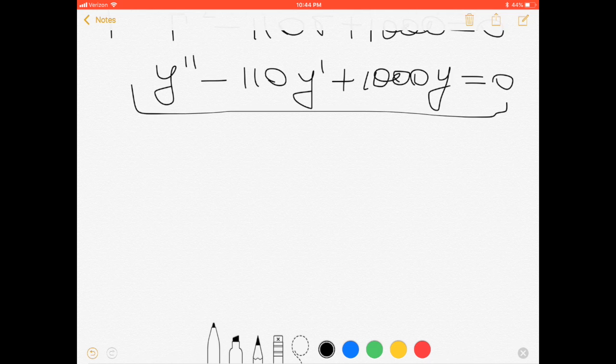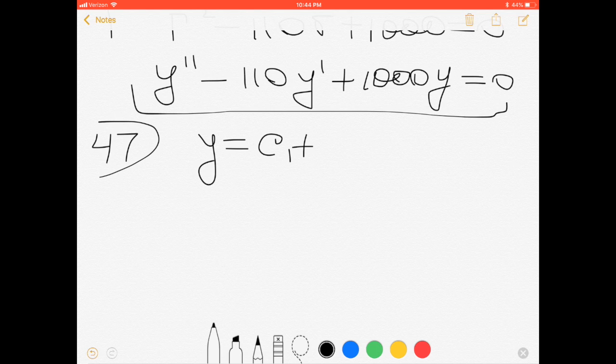And I show you number 47. Usually I show an even number, but 47 is interesting because here we have the general solution equal to c1 plus c2x. What does it show us? First, because we have a linear combination here, this means r1 equals r2.